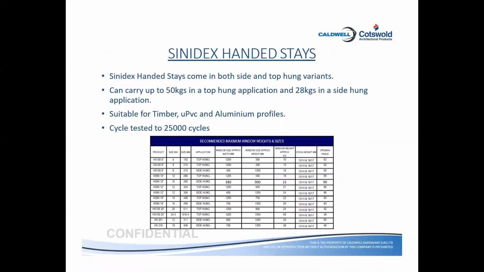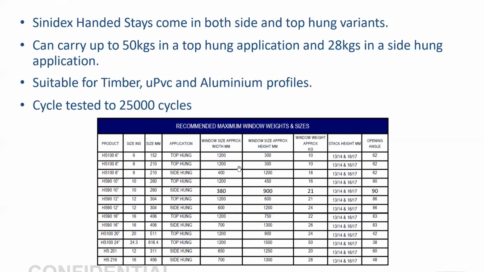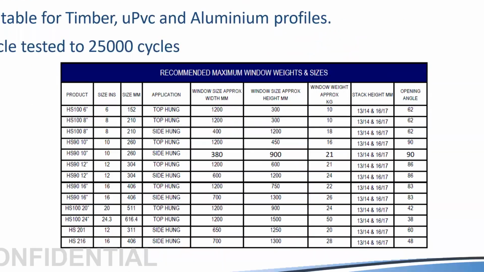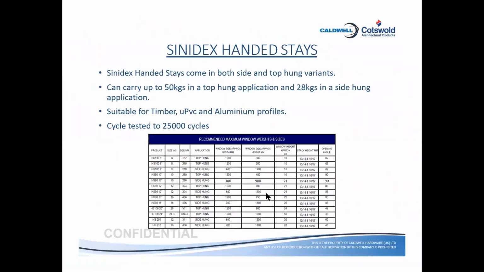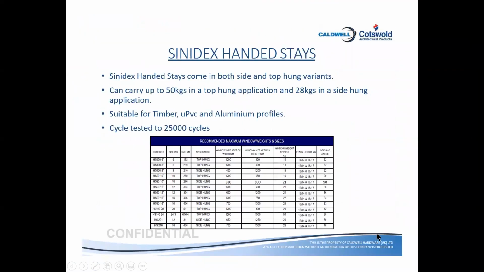Now we are going to cover the standard duty or semi-dex arm, or we call it a light duty also in our vernacular language. If you're able to see my cursor, this is used in top hung and side hung. Better I show another chart so that it's easy for you to understand.